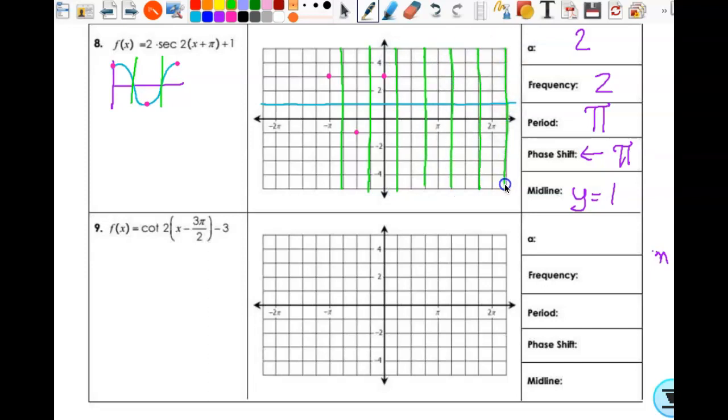So you get the points there, and then they open away from the midline every time, no matter what kind of transformation happens. Looks something like that.